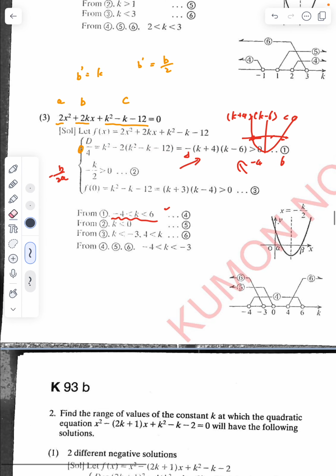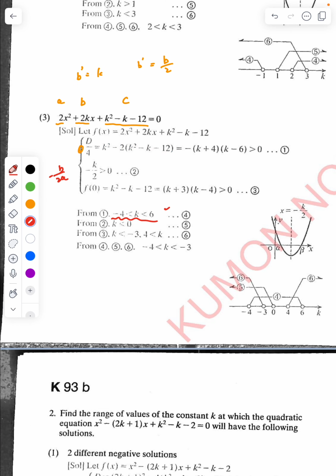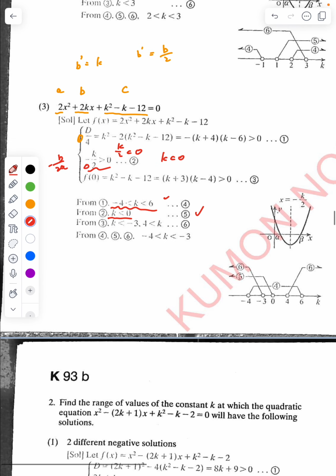Okay, next. Based on our axis of symmetry, we also know that K is going to be smaller than 0. Again, you can multiply both sides by the negative, and then the sign changes, K over 2 smaller than 0. Multiply both sides by 2 again, you have K smaller than 0. So that explains that. All right, and then we also have the y-intercept. We want it to be greater than 0 as well.